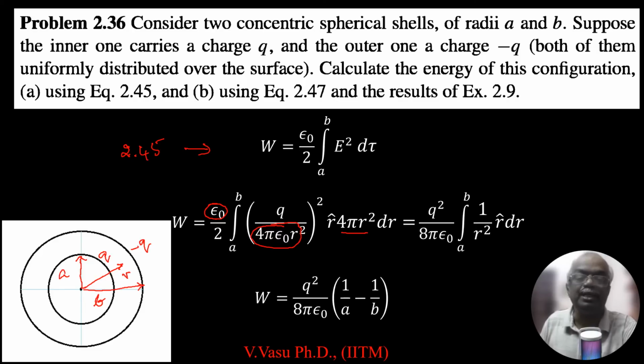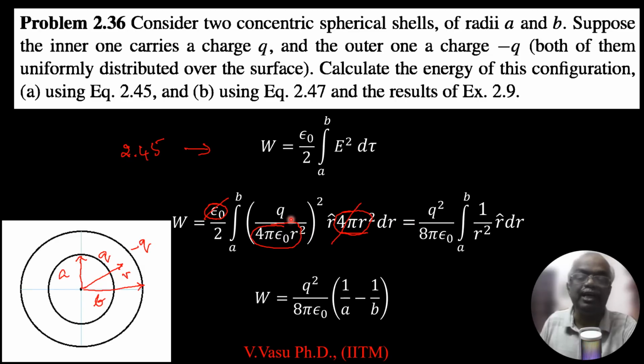Now you take this Q, except r squared, you take the other things outside because the integral is with respect to r. So this will get cancelled naturally, and epsilon also will get cancelled.